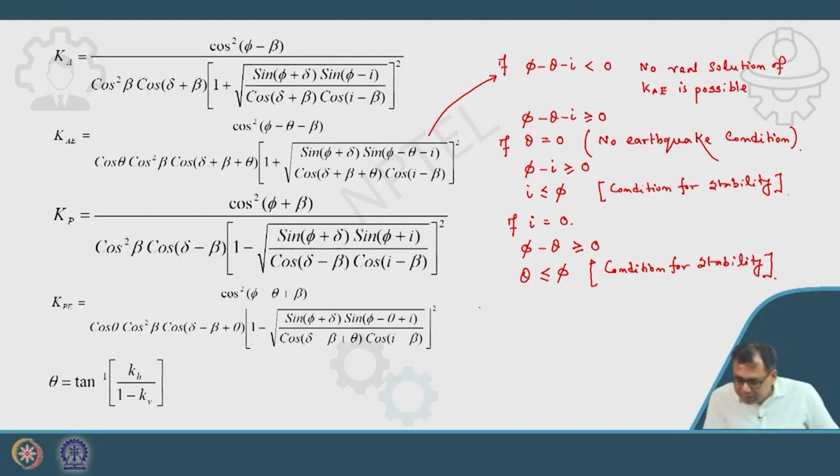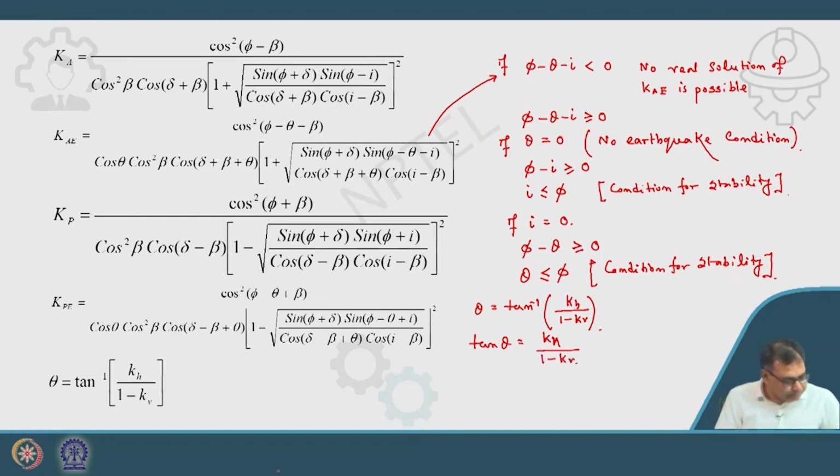Now I know that theta is equal to tan inverse of kh over 1 minus kv. If I take tan on both sides, tan theta will be equal to kh over 1 minus kv. And for the stability condition, tan theta should be less than or equal to tan phi.